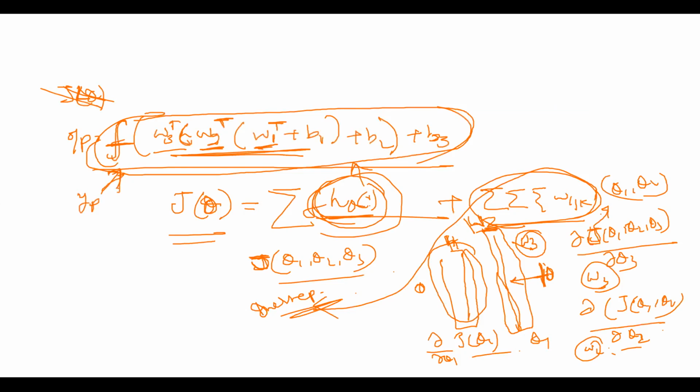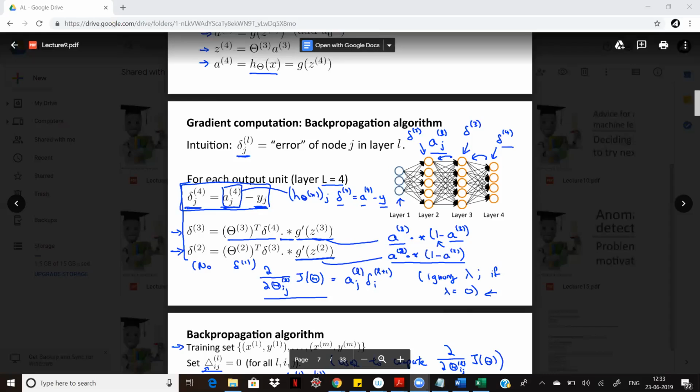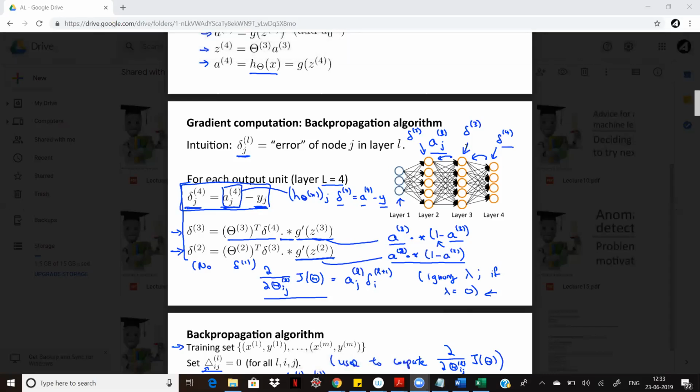Okay, so here delta 1, delta 2, and delta 3. Just remember what is happening. You don't have to memorize the formulas by heart. You can look at the formulas in books or PPTs. But that is the basic intuition behind this backpropagation algorithm.